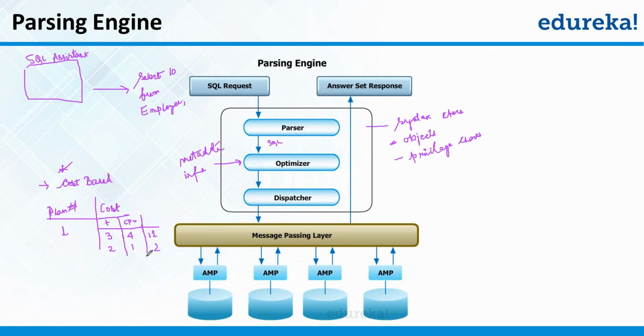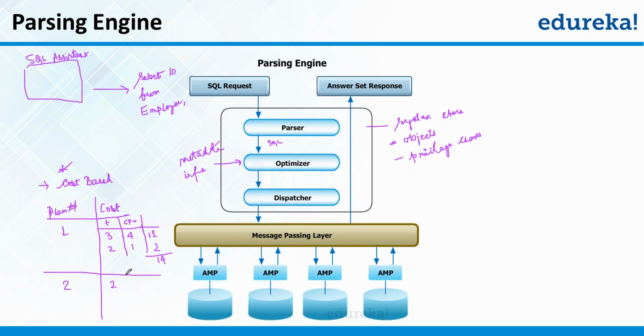Then the total cost for this step is 12. Plus, if there is a where clause, I have to do a filter as well, which will take 2 seconds and 1 CPU clock, so it is 2. So the total cost for plan 1 becomes 14.